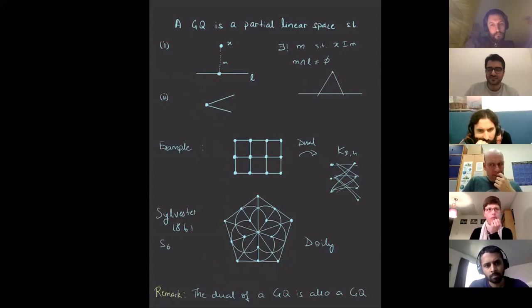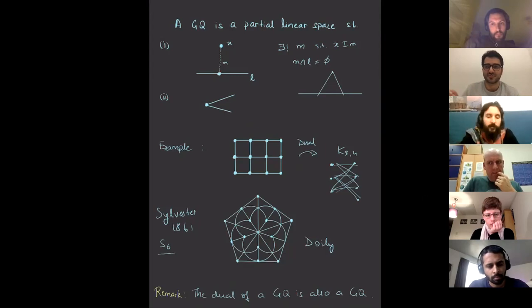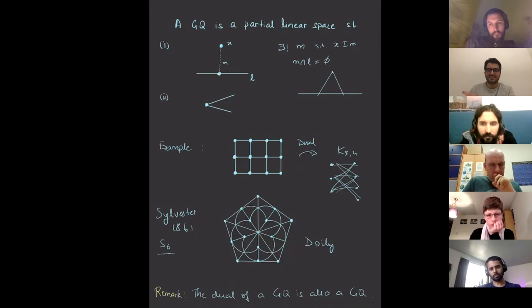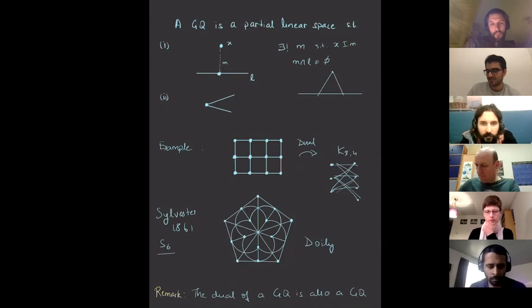You can use this nice object to show that S6 has an outer automorphism, if you know what those things are. And in fact, this is the only symmetric group that has an outer automorphism. There's a really beautiful proof of that using the doily. Okay, so this thing has existed for a long time. I think the picture is much later by Stanley Payne, who called it doily because it looks like a doily, if you know what doilies are.